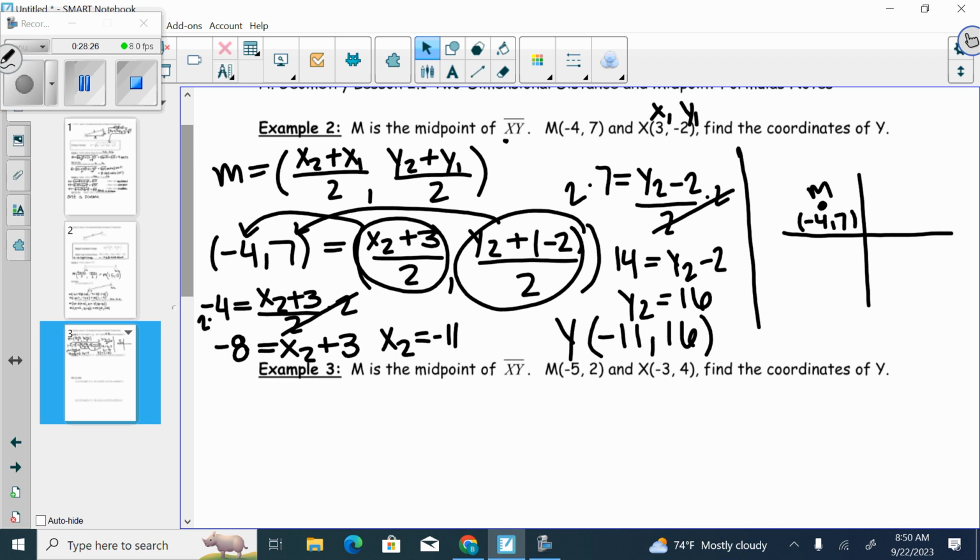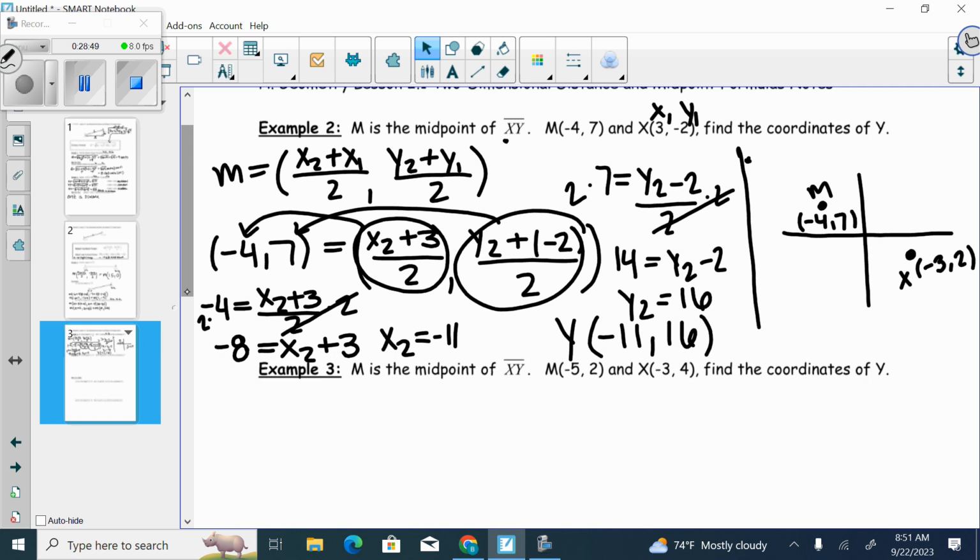And then I also had x being at 3, -2, which would have put me somewhere over here. So then I should have automatically known that meant y had to be somewhere up here, right? If that makes m the midpoint.